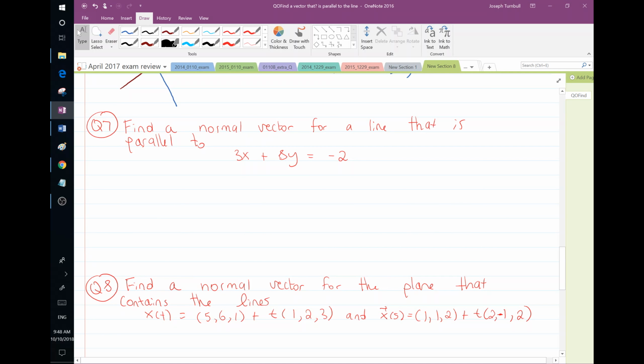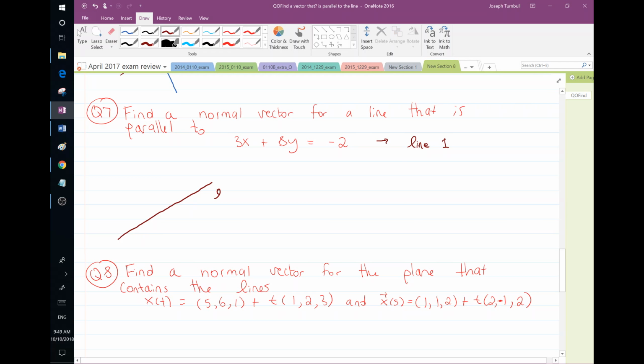Question 7. Find a normal vector for a line that is parallel to. Okay, so I'm going to draw the input line. Let's give this a name. I'll call this Charlie, or line 1. Okay, and it has a normal vector and a direction vector.